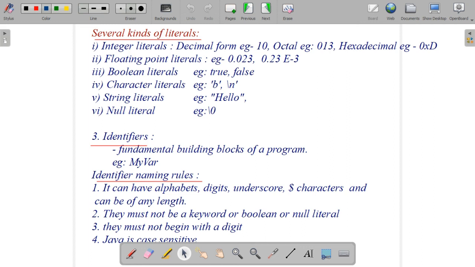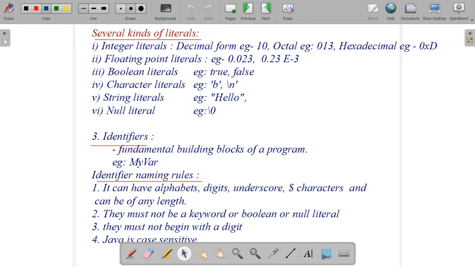And they must not be a keyword, boolean literal or null literal. That means don't write a keyword as an identifier, and don't write a boolean literal, meaning the values true and false, as an identifier, or null as an identifier. These are the conditions.